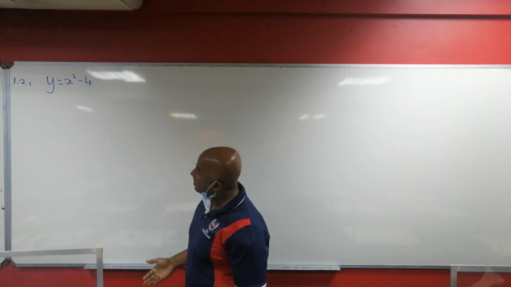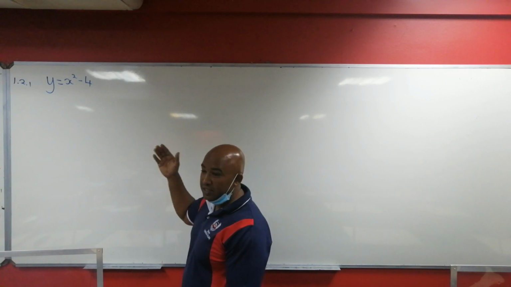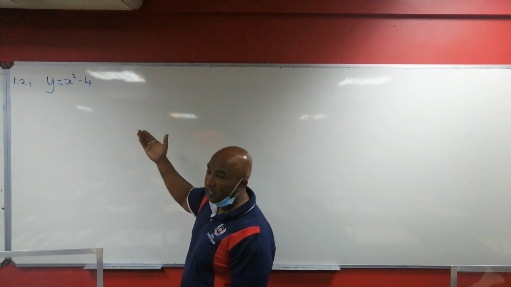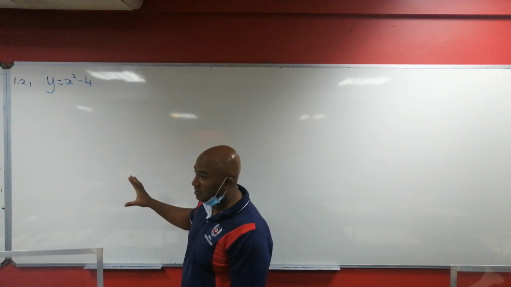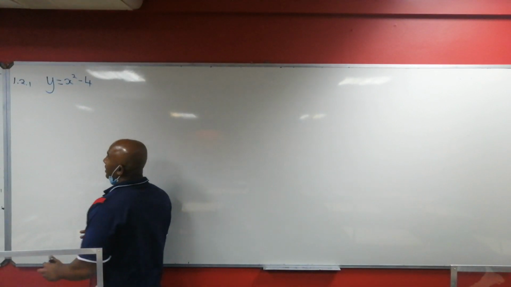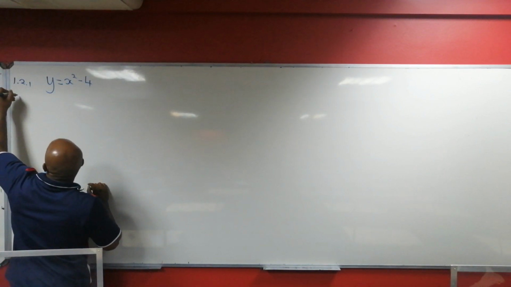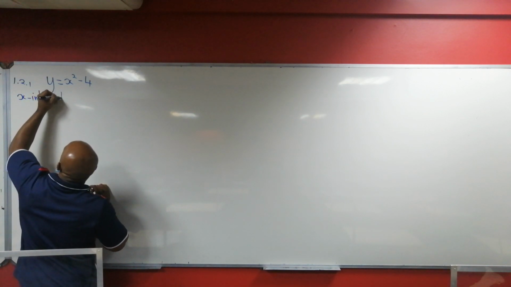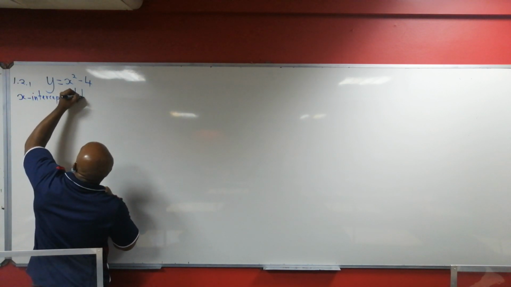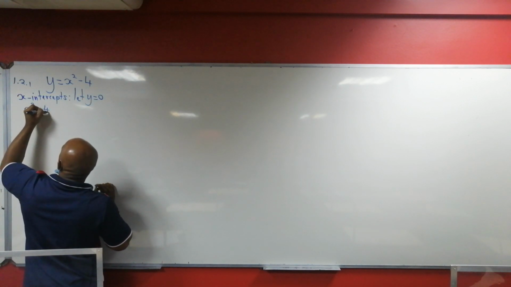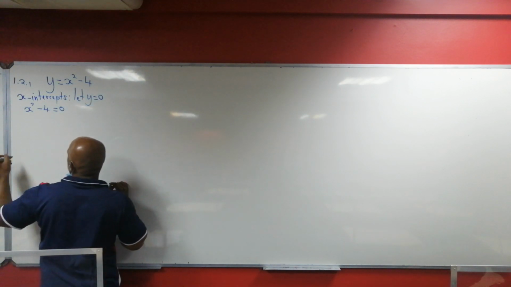So what do we need to find when we're sketching a parabola? It's x-intercepts, y-intercept, turning point. Certain graphs you can sketch by inspection, but let me just do it the long way, so you can do it for any graph. To find the x-intercepts, you let y equal to 0, so x squared minus 4 is equal to 0.